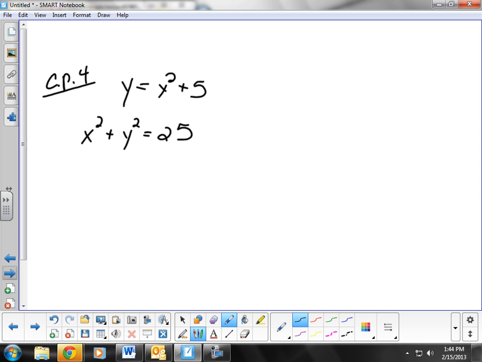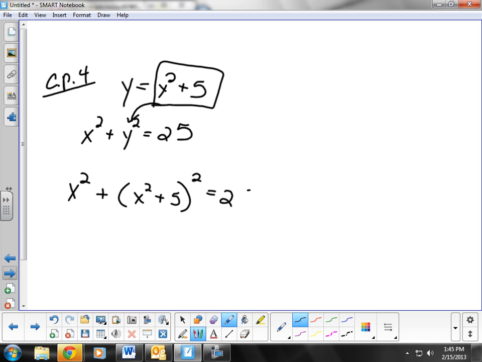That's why I say most of the time if you have different shapes, you're going to be using substitution. So you're going to take this expression that y is equal to and put it in for y in the second one. So I have x squared plus 5 squared equals 25.